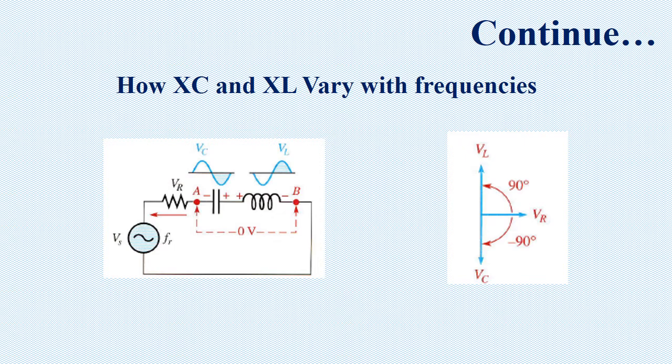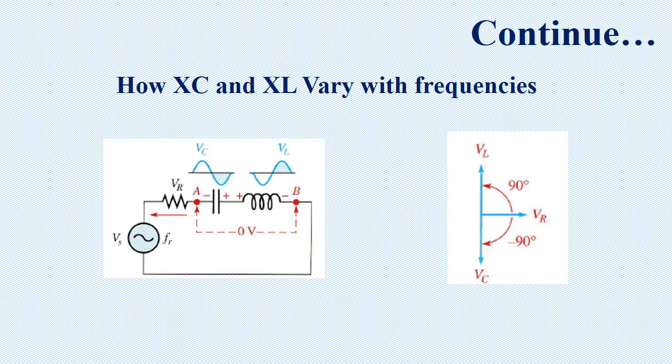So when we have the greater voltage at the capacitor, the inductor has less voltage, meaning both are opposite to each other, and they have a 90-degree difference with respect to the resistor value. Capacitor voltage is the lagging voltage with respect to the resistor voltage, and the inductor voltage is the leading voltage with respect to the resistor voltage.